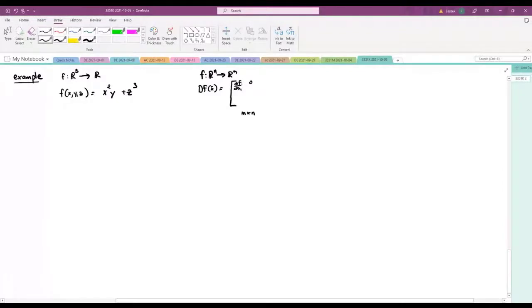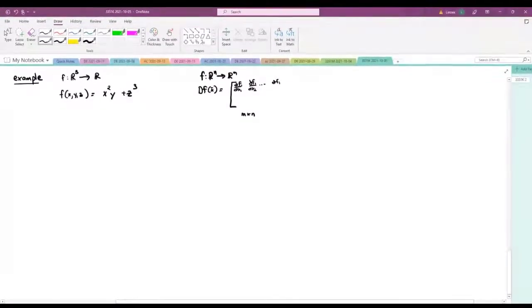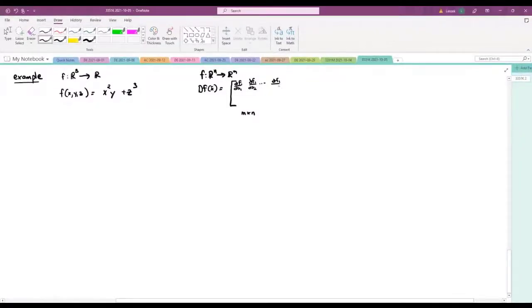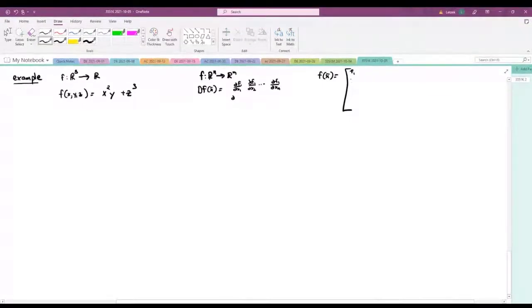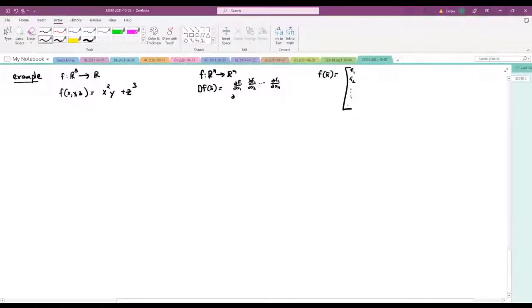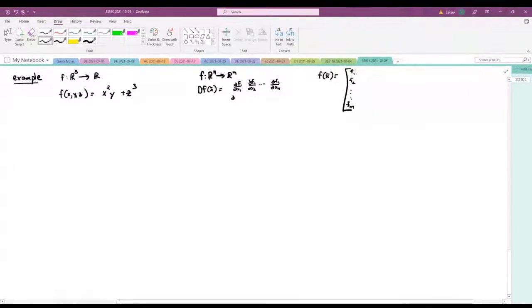So you differentiate the first component of f with respect to the first coordinate, then the first component of f with respect to the next coordinate. Finally, the partial derivative of the first component of f with respect to the last coordinate. And then you take the next component. Just to be clear, f returns a vector in Rm, so it has m components, and all these components are functions of the input x.